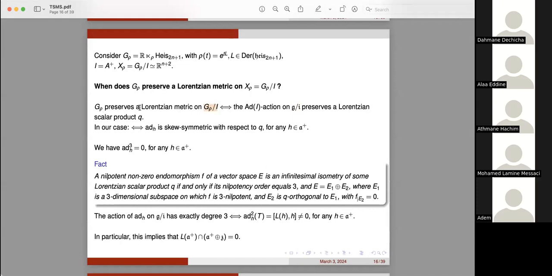So the fact that J preserves the Lorentzian metric on the quotient translates exactly in this way.